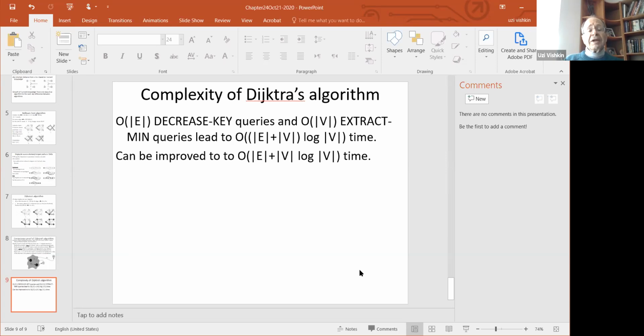And we can do that in (E plus V) times log V time. This can be improved to E plus V log V, where E is not a multiple of log V. The E, as I described it, is multiplied by log V, but it doesn't have to be. But this is beyond scope for this class.